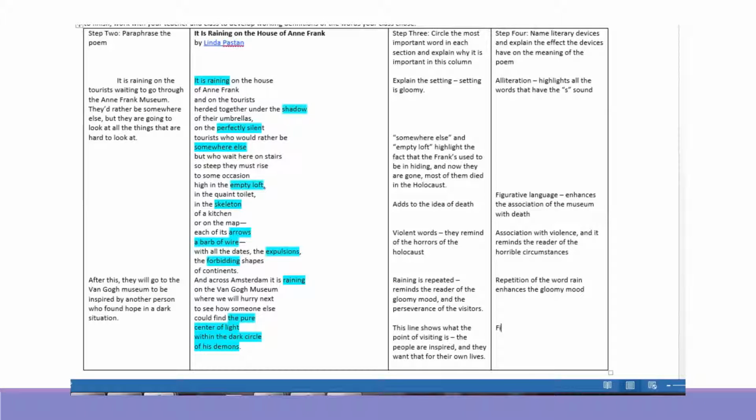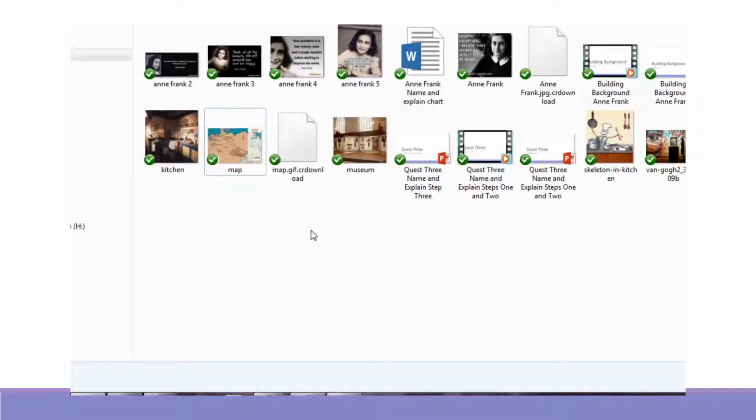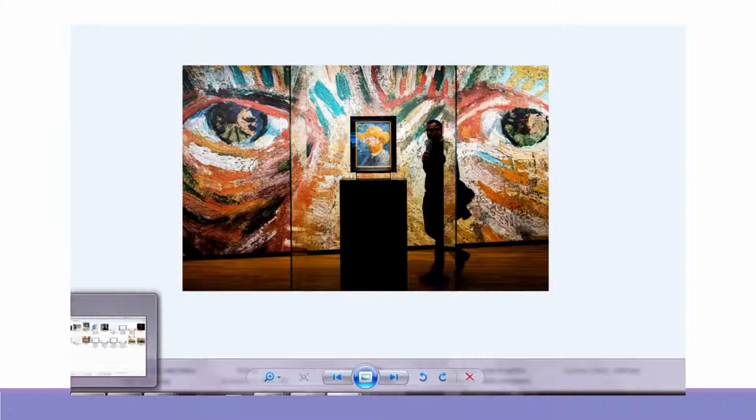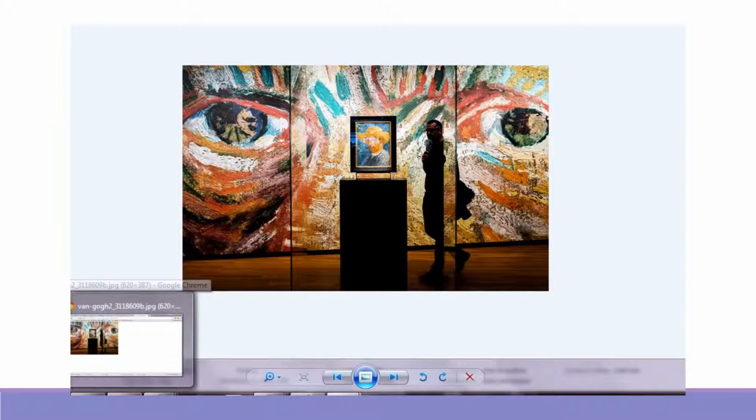And down here again we have, well, it's really imagery, right? The pure center of light within the dark circle of his demons, talking about the Van Gogh Museum. I actually did go and Google and look for some images from the Van Gogh Museum, and I thought this was really cool. This is a self-portrait that Van Gogh did, and you can see there are kind of sad tones with the darkness under the eyes and the blue, but there are also those light pieces as well, and that's what really is the summary of what's going on in this poem.